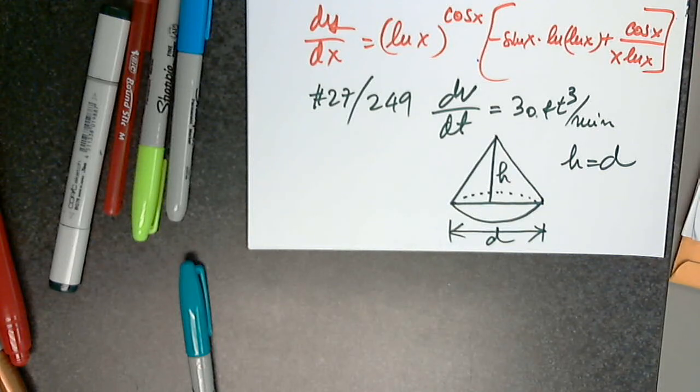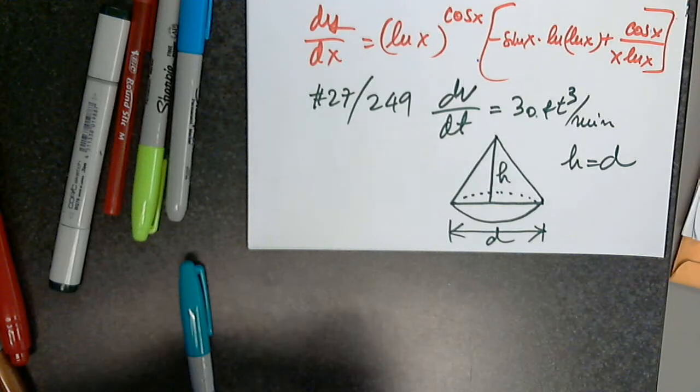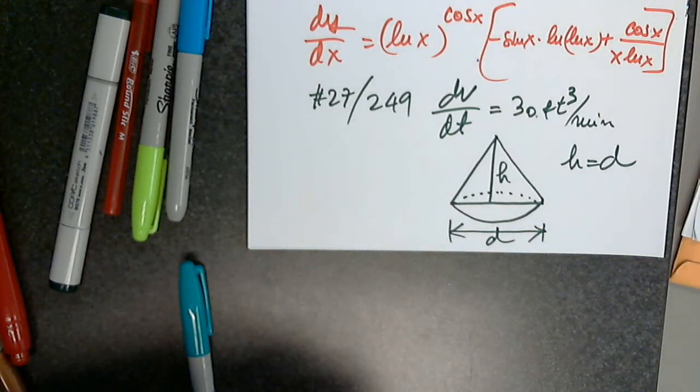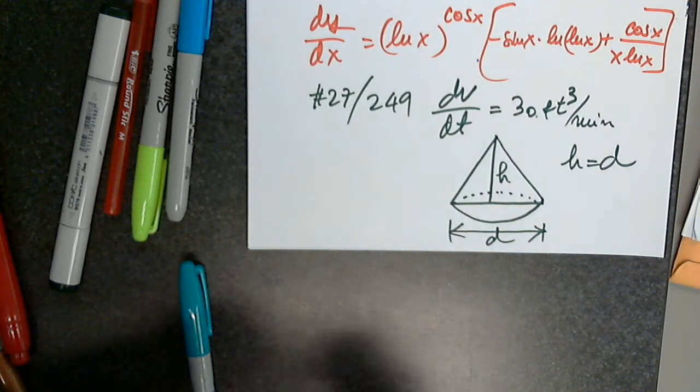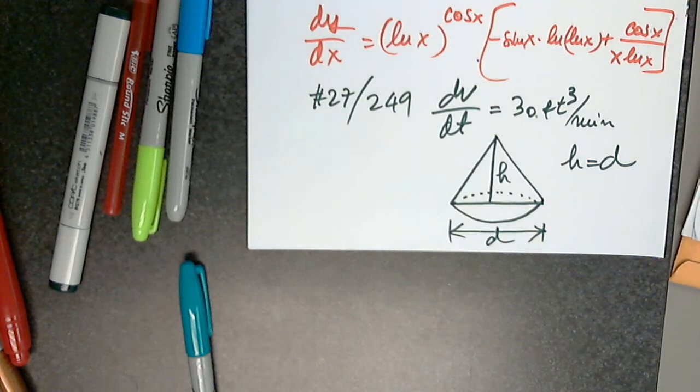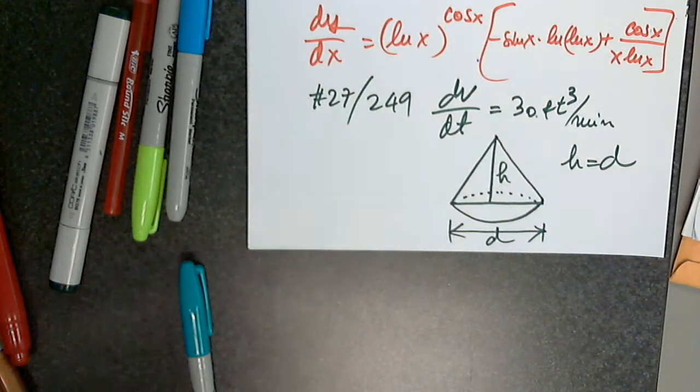How fast is the height of the pile increasing when the pile is 10 feet high? What am I asked to determine? Let's read the question one more time. How fast is the height of the pile increasing when the pile is 10 feet high?